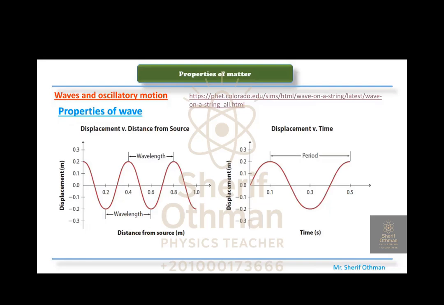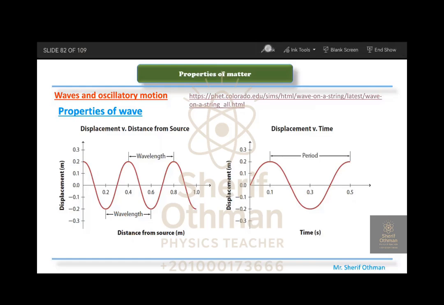So here is the wave. If the x-axis represents distance, the distance between 2 points represents a wavelength. But if the x-axis represents time, the distance between two successive points represents the period, which is the periodic time, the time needed to make one complete oscillation.